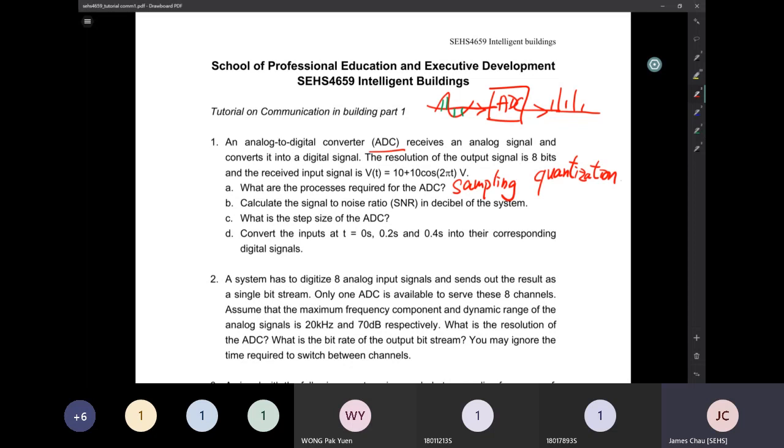Now the next one, we are going to calculate the signal to noise ratio SNR in decibel of the system. Now remember, in the lecture, we give you a formula to compute the signal to noise ratio in terms of the number of bits of the system.